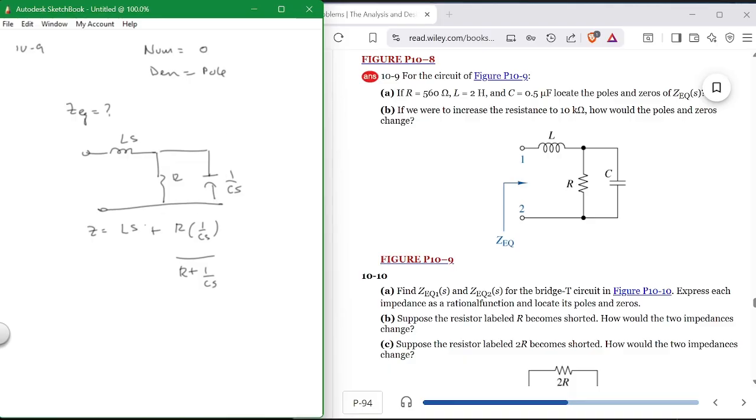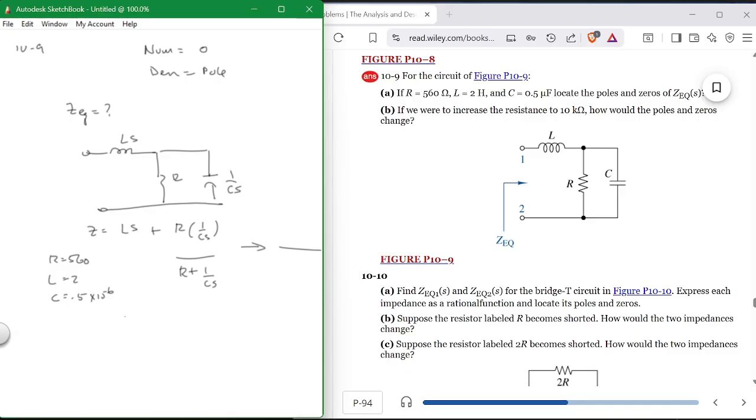Okay, so let's just expand this out. R is 560, L is 2, C is 0.5 microfarads. So you find all this in one equation. You've got to reduce this down to something over something. How do you do that? Well, you just have to start. R is 560, L is 2, and C equals 0.5 times 10 to the minus 6th.